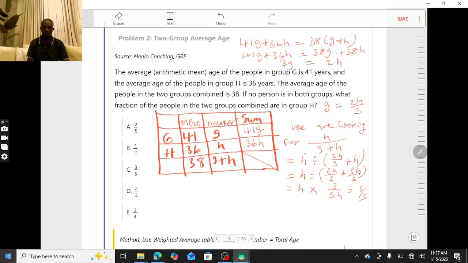So G plus H, it's simply G plus H. Mean times number, that A is the combined average. That A times G plus H will give us the sum. But also, the sum for G and the sum for H will also give us the total sum. That is why we say that two of them are equal. Then every other thing is just basic arithmetic.